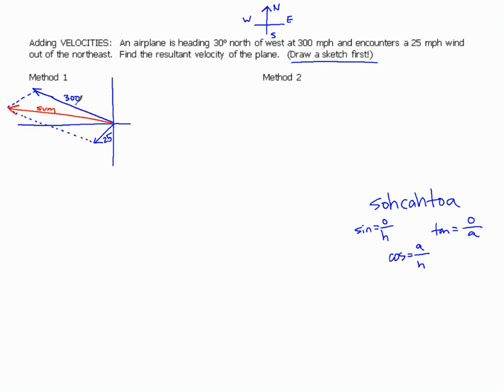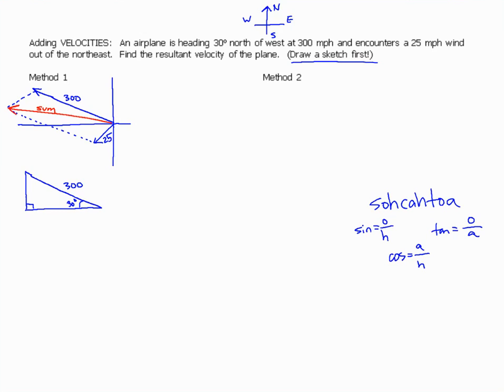So the airplane is heading at 300 miles per hour, and we know that it is 30 degrees north of west. So what we can do is make a right triangle here, and this allows us to use our SOHCAHTOA.